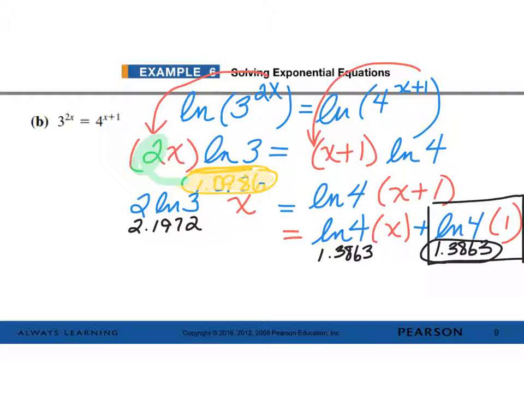So at this point, what we need to do, since this is a number, and we've got an x on each side, we're going to subtract the natural log of 4 times x from both sides.